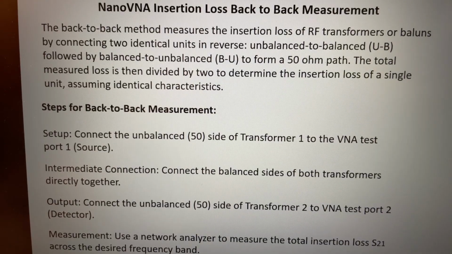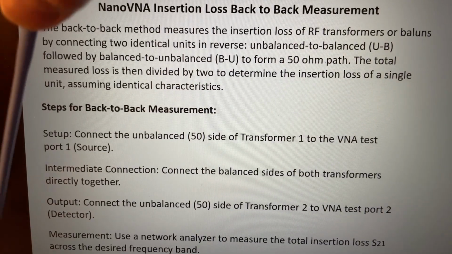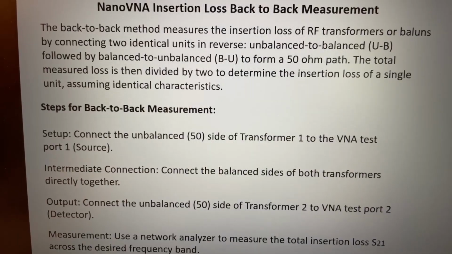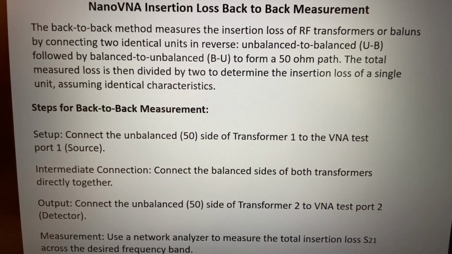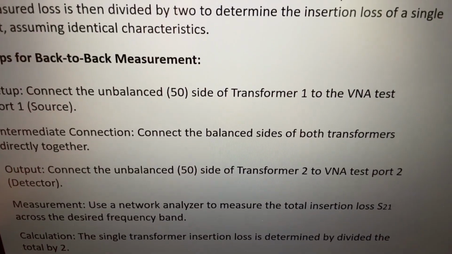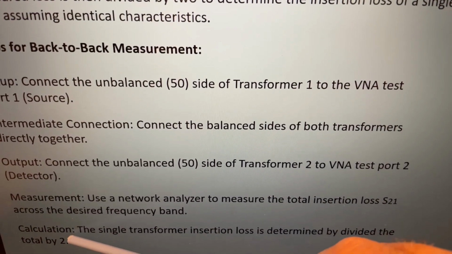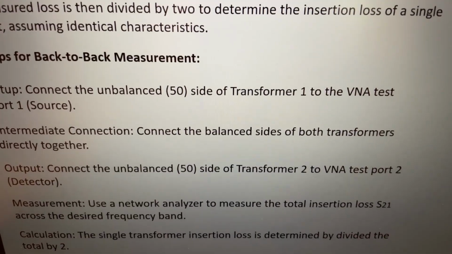And then you would basically have to divide the results by 2, assuming that the two transformers are identical. And this is about as close to identical as you could get from a practical standpoint. And then we divide by 2, as I show there, and we get the insertion loss from the NanoVNA.